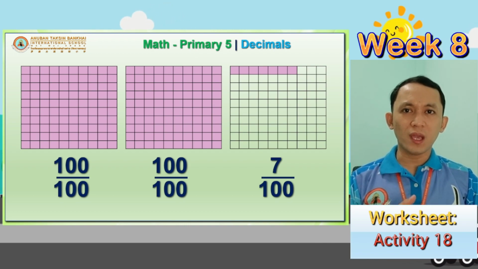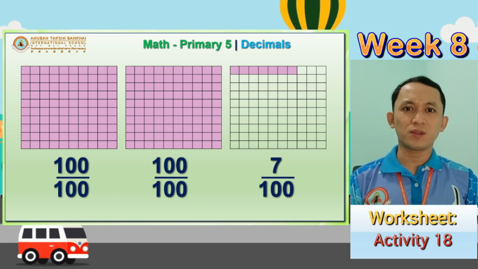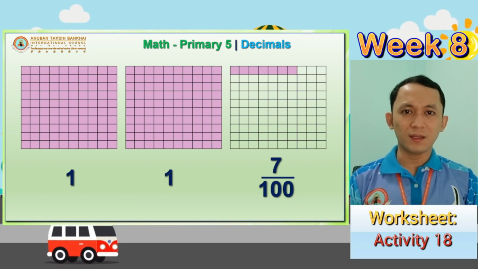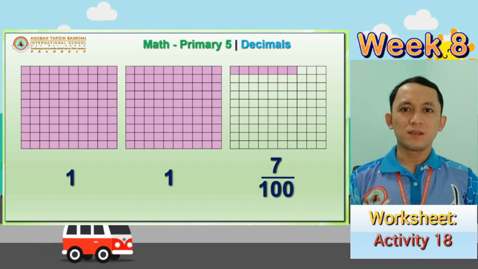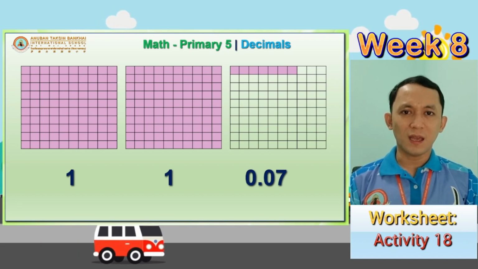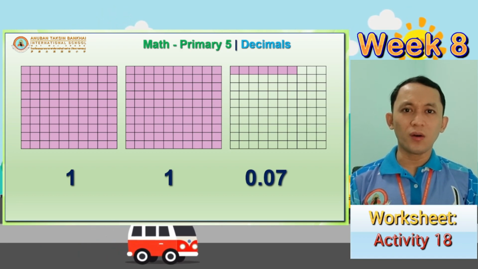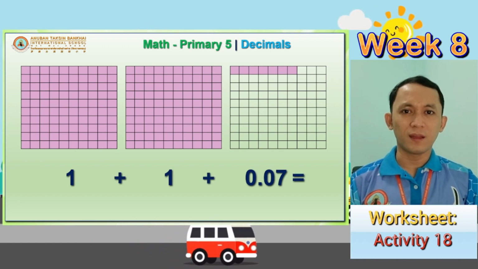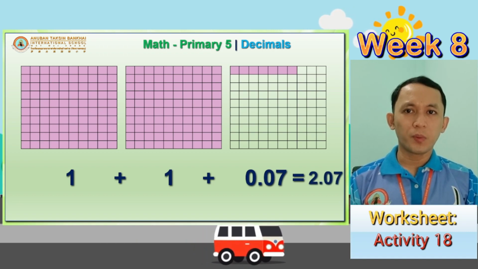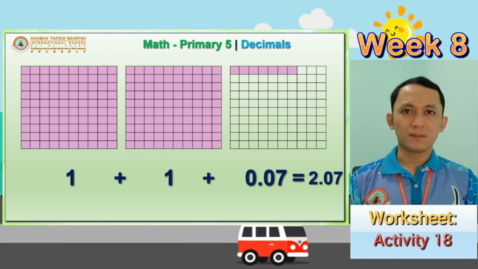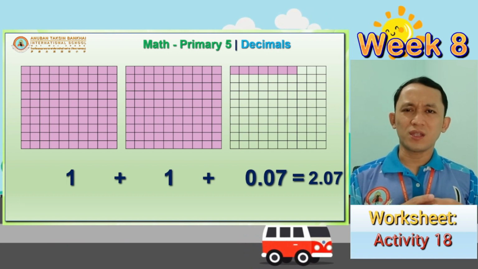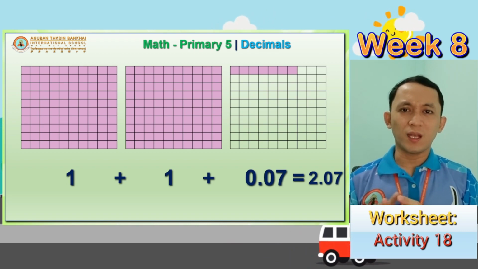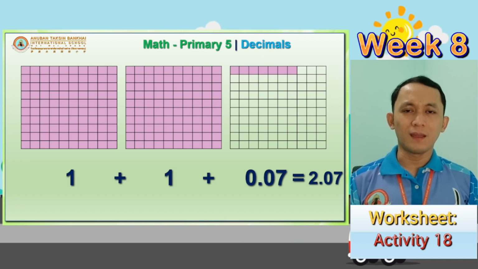We know that 100 over 100 is 1, that is 1 whole, and 7 over 100 is written as 0.07. So if you add all these decimals, 1 plus 1 plus 0.07, we have 2.07.